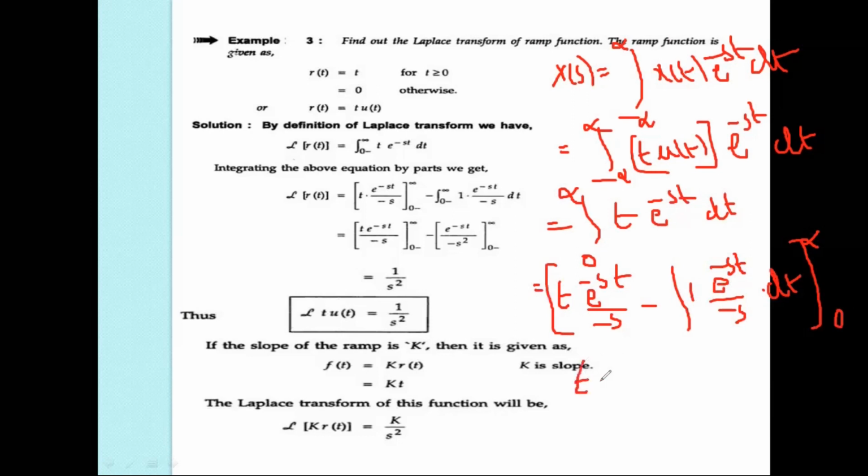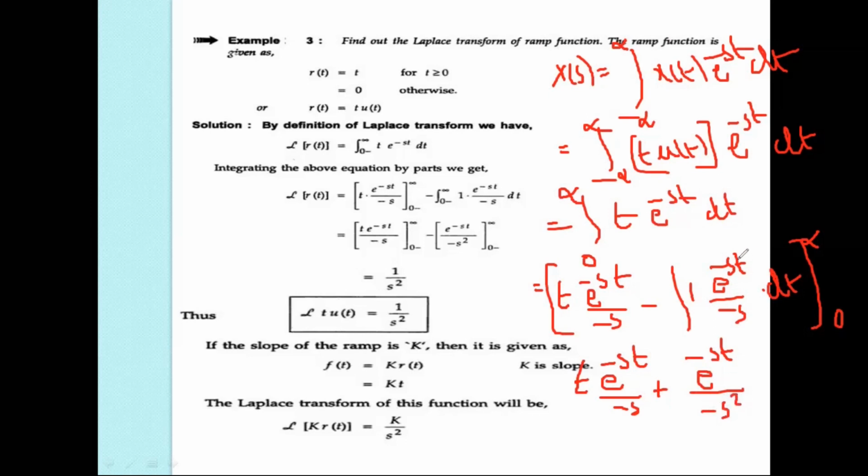Again, that is t e power minus s t by minus s. Apply that. Again the integral of e power minus s t: minus into minus is a plus, e power minus s t by minus s, and s into s gives s square, minus s square.